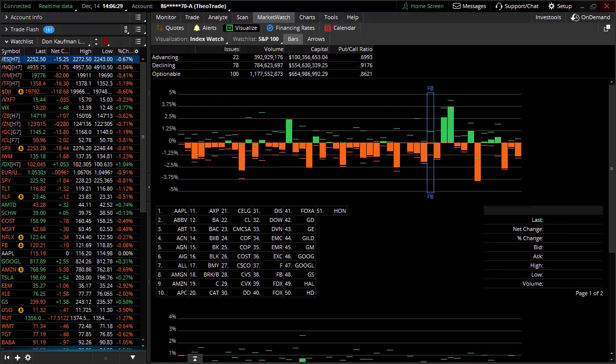In this case, it's under Visualize, and here we have the S&P 100 under Index Watch. It's a quick visual representation of what's up and what's down in the day. Anywhere you drag your mouse, you see stocks that are up and stocks that are down.